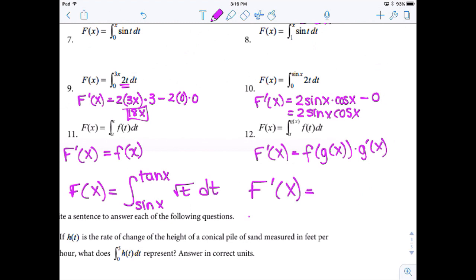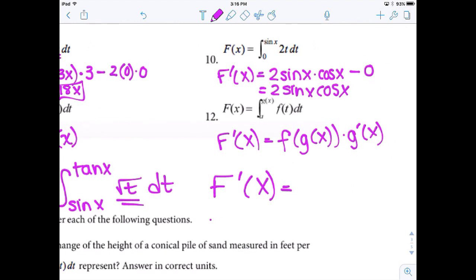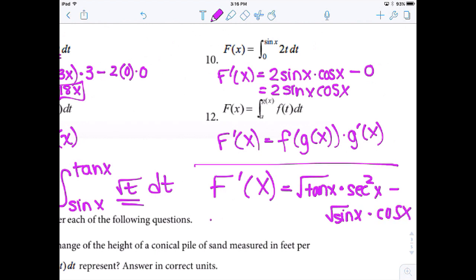So your function is radical t, and that's going to stay that way, but we need to plug in the upper bound, multiply by its derivative. So this will be square root of tan x times the derivative of that, which is secant squared, minus, now we're going to plug in our lower bound, times the derivative of that, which is cos. So this would be your full derivative there.